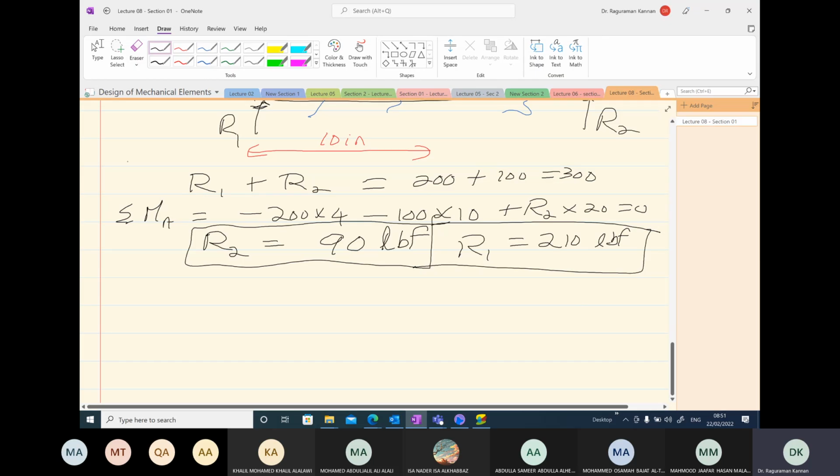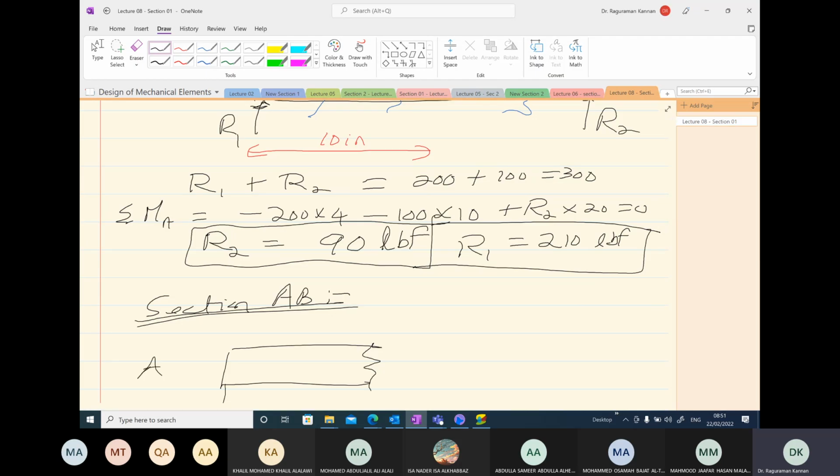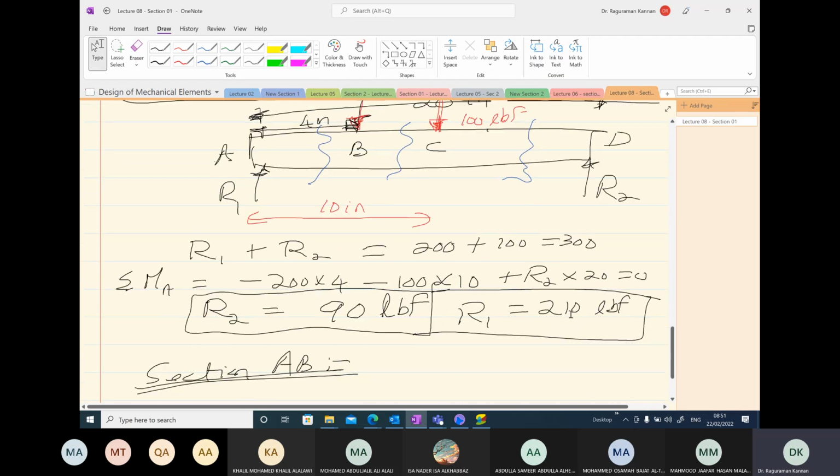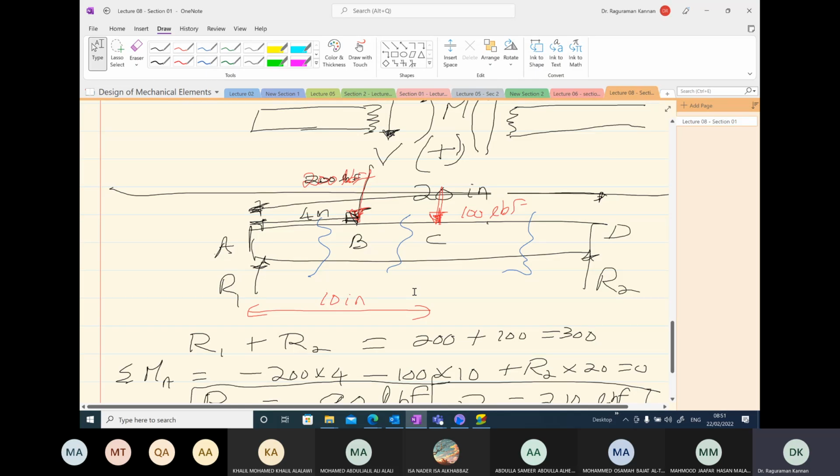So in the section AB, we draw the free body diagram. A. Okay, so that's the force R1. R1 we have already found 210.